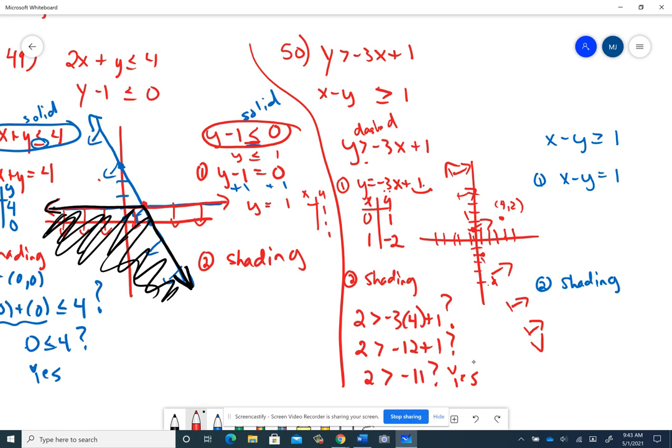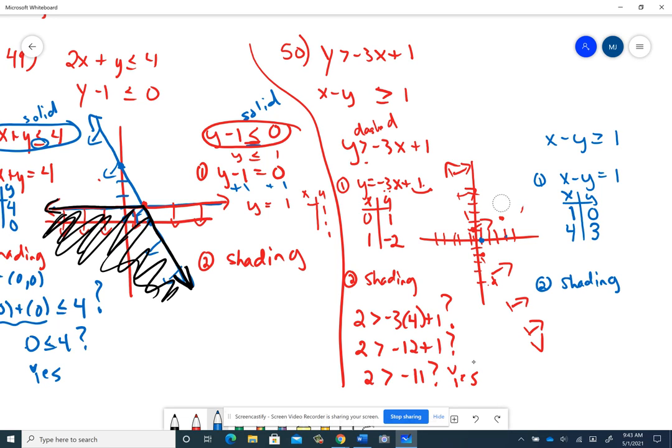Okay. Now we'll come over here and we'll graph this guy. So I can see if I put an x of 1, y would have to be 0 to give me 1. If I put an x of 4, 4 minus 3 would give me 1. Okay, so here's 1, 0. Here's 4, 3.